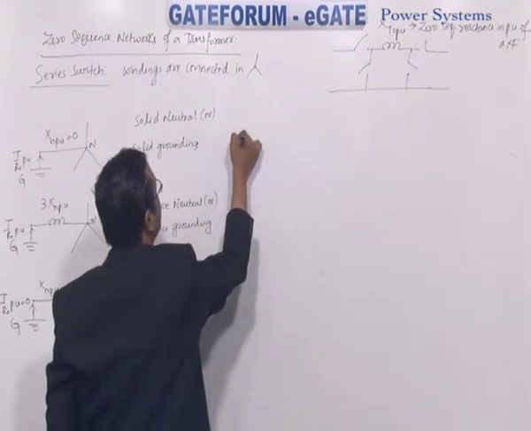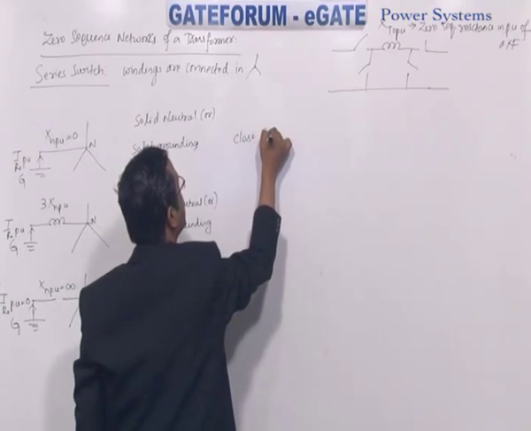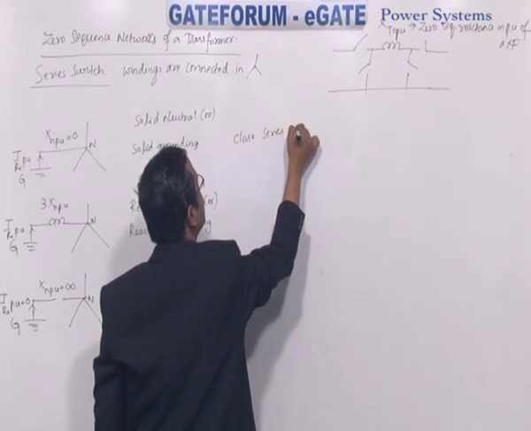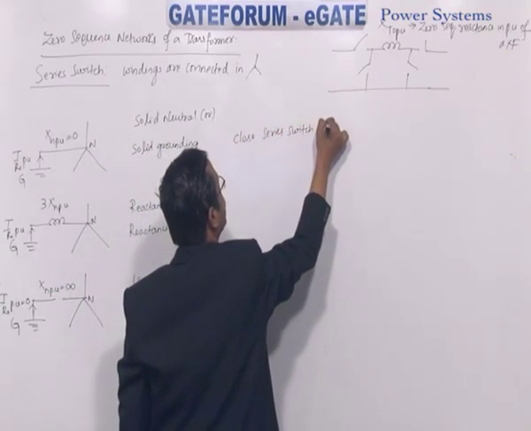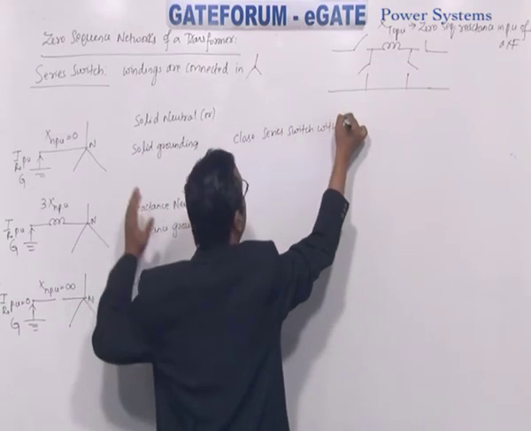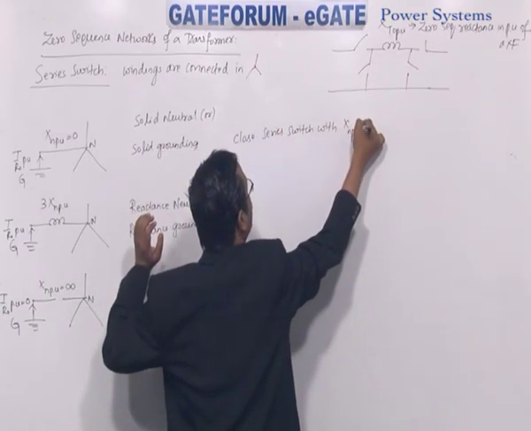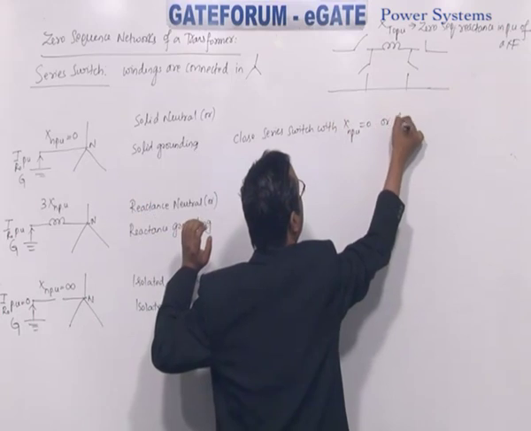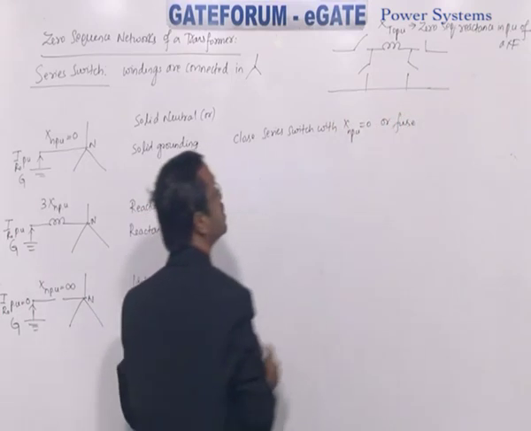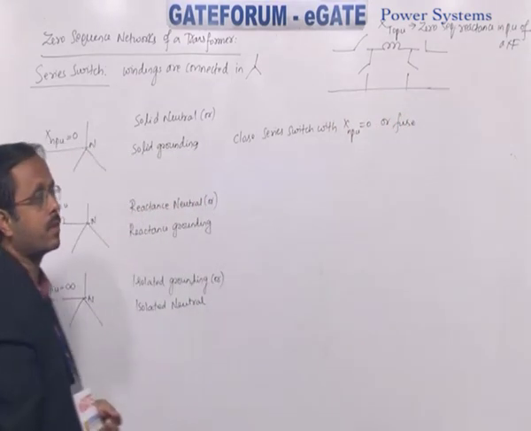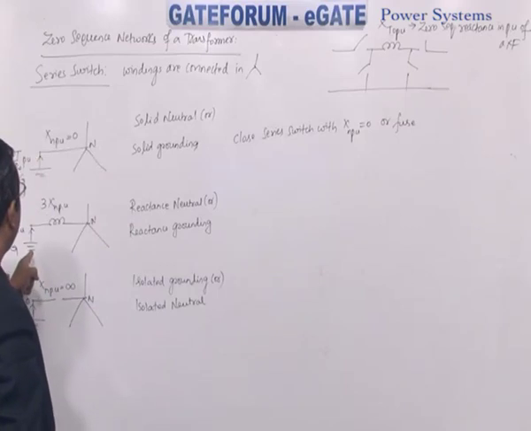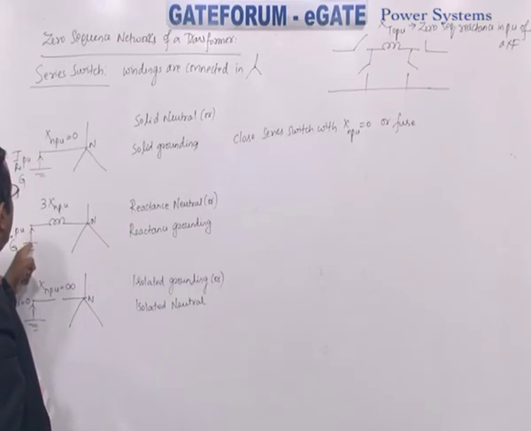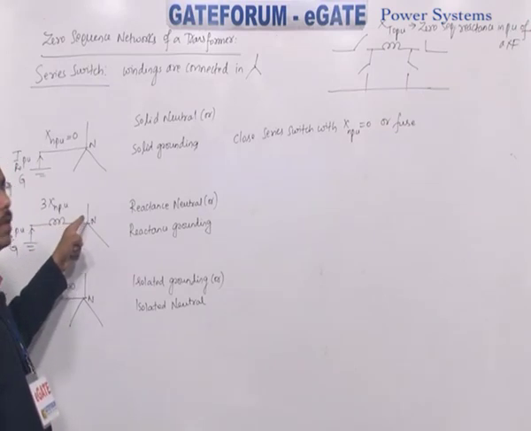So for solid neutral, what you do now? You close the series switch. With how much reactance? Solid neutral means Xn per unit 0, or you name it as fuse. Here IR naught per unit flows from ground to neutral.